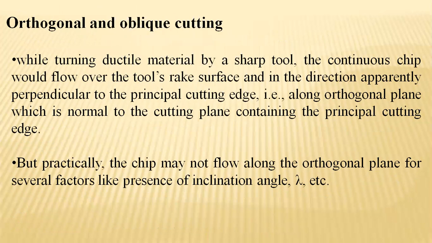Coming to the basic difference between orthogonal and oblique cutting. While turning ductile materials with sharp tools, the machining process progresses continuously while removing the material, such as in a lathe machine.